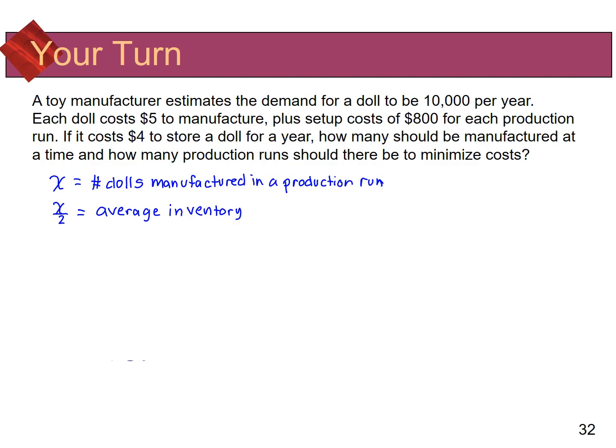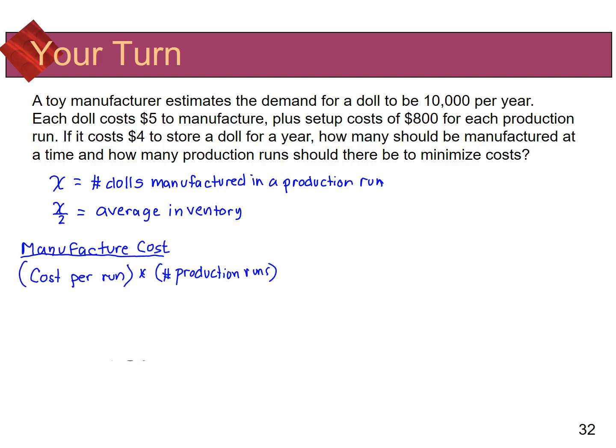No, it just means the production run before you would slow down and maybe get other tasks completed, and then before you run another run of it. So X over 2 is going to be the average inventory, or what's the average amount we're going to have on hand to send out to the various stores or whatever the case may be.